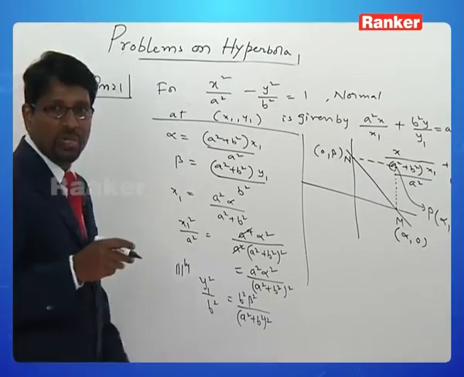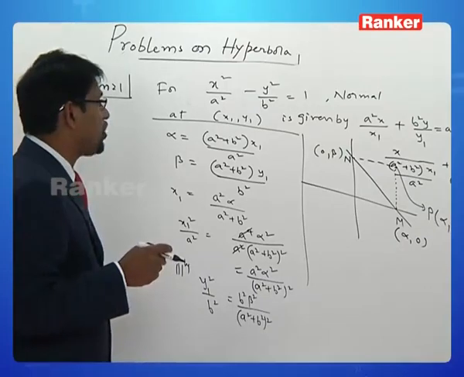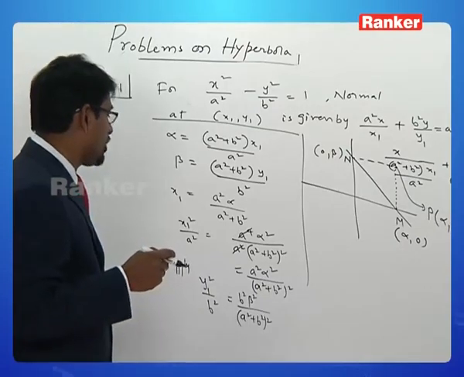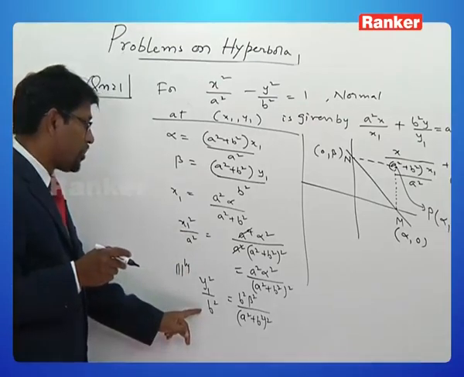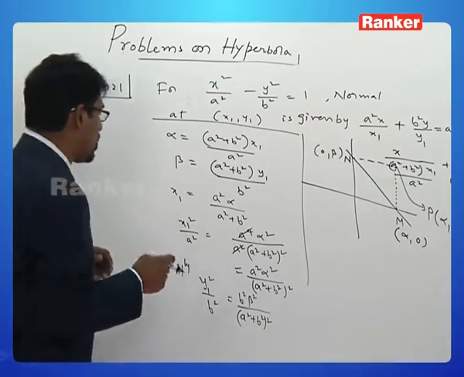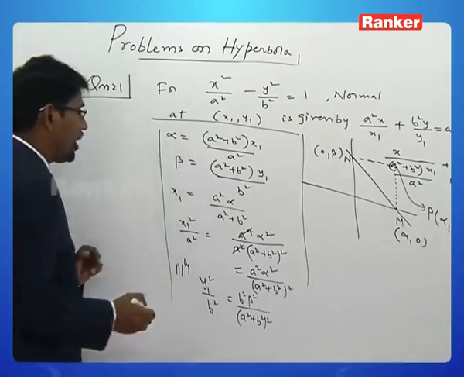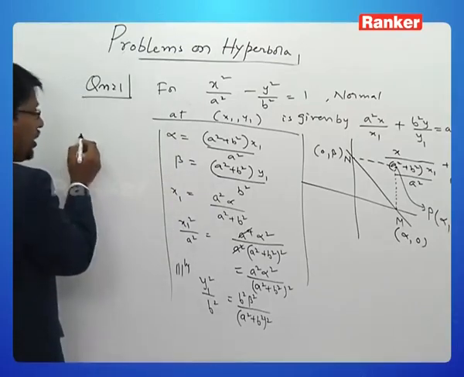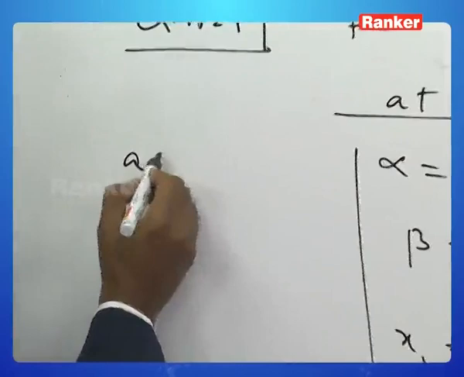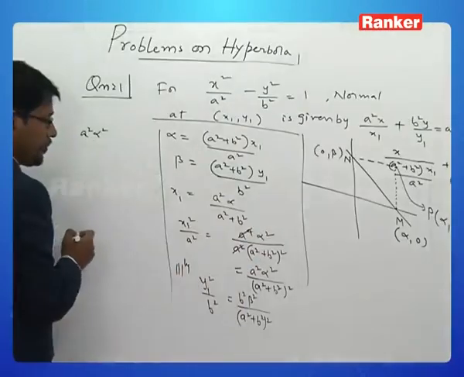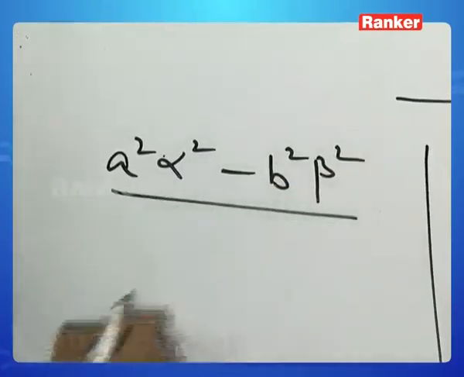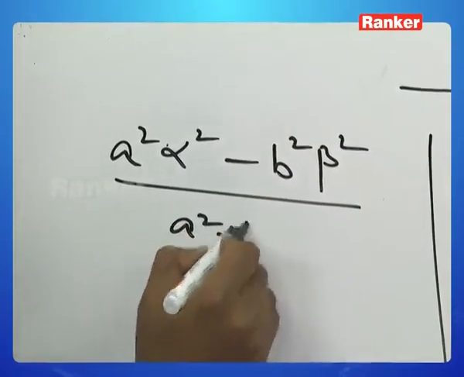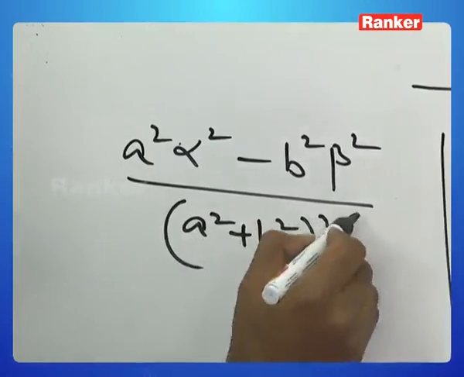So it satisfies the equation of the hyperbola x square by a square minus y square by b square is equal to 1. So x1 square by a square minus y1 square by b square must have been equal to 1. So what do we have here? We have a square alpha square minus b square beta square divided by a square plus b square the whole square happens to be equal to 1.